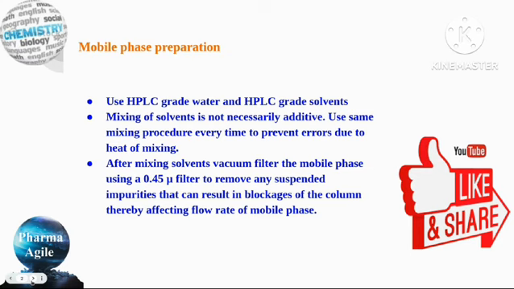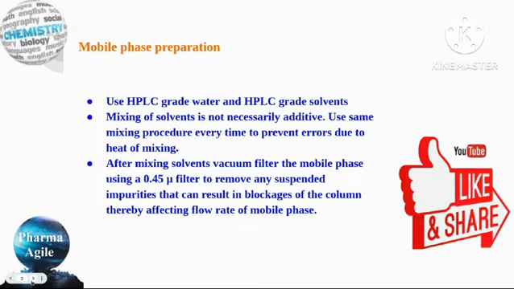Filtration of mobile phase is also very important. Always use a 0.45 micron filter to remove suspended impurities in the mobile phase. Suspended impurities can result in blockage of the column, and these blockages affect the flow rate of the mobile phase.